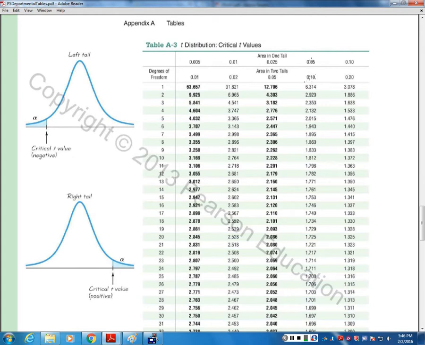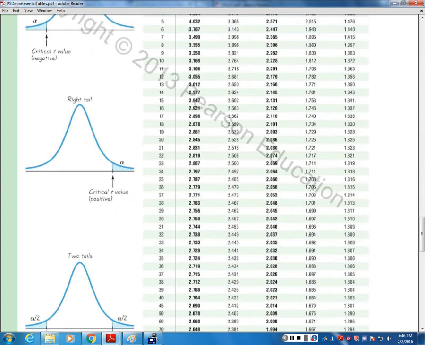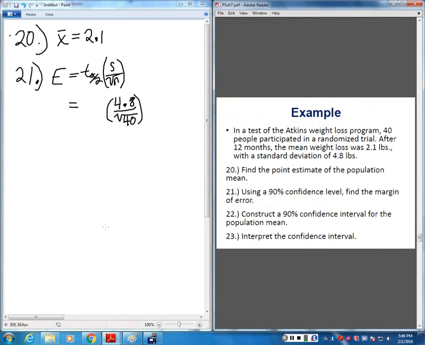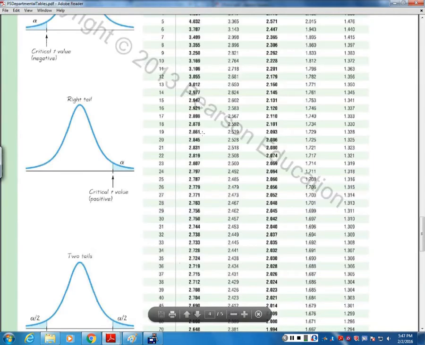Each tail would have 0.05 in it. Either way, you get the next to last column reading left to right. So I'll line that up with 39 and I get 1.685. So T sub alpha over 2 is 1.685. Again, I got that from the critical T value table.